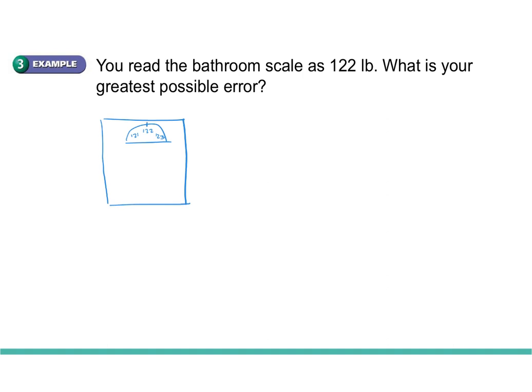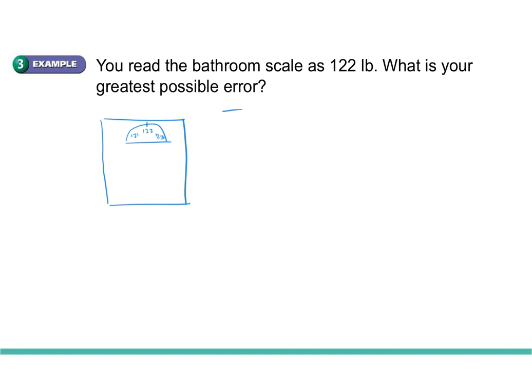So we've got our little bathroom scale. We need to talk about greatest possible errors. So the greatest possible error on this scale is 1 pound. So it's either going to show us that it's 122 pounds or 121 pounds. So there's an error amount of 1 pound.